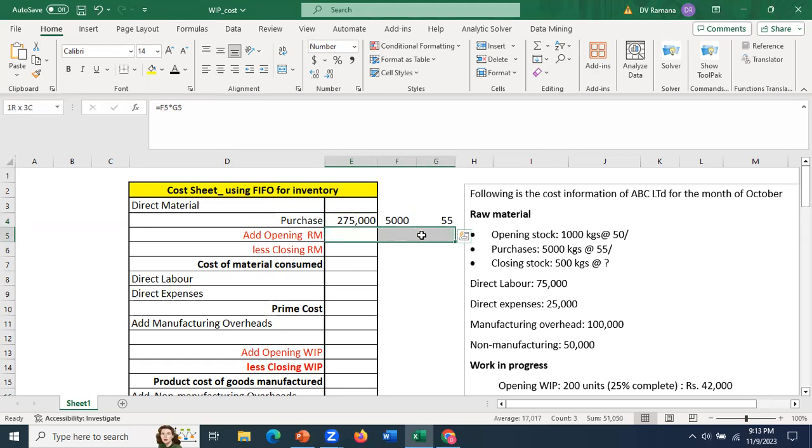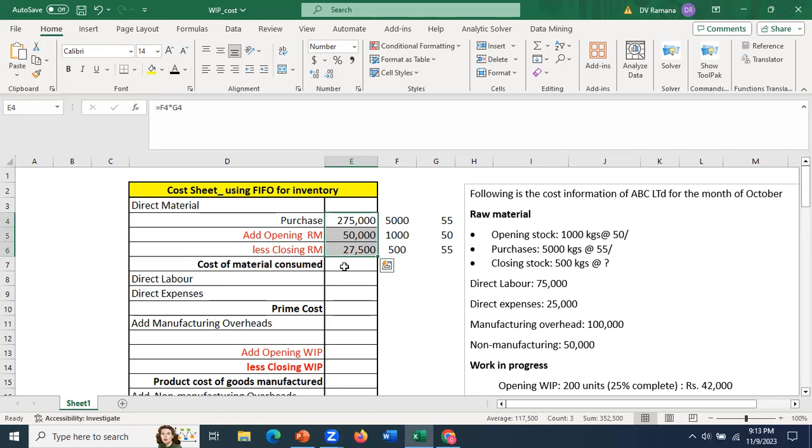And we'll add to that the value of the opening stock, which is 1,000 at the rate of 50. Because we are following FIFO, the closing stock of 500, which is there with us, will be valued at 55. So the money value of the closing stock is 27,000.